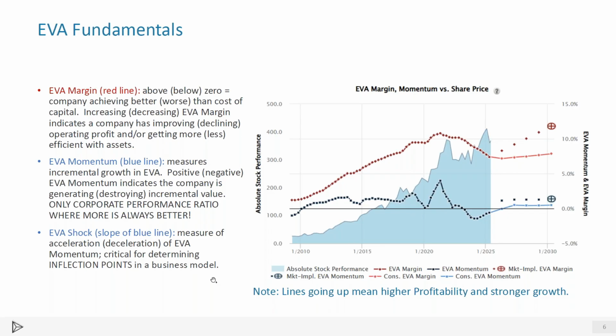You'll notice also there's a couple of forward-looking lines on this chart. The first of them is the solid red and the solid blue line. The solid red line is representing consensus.